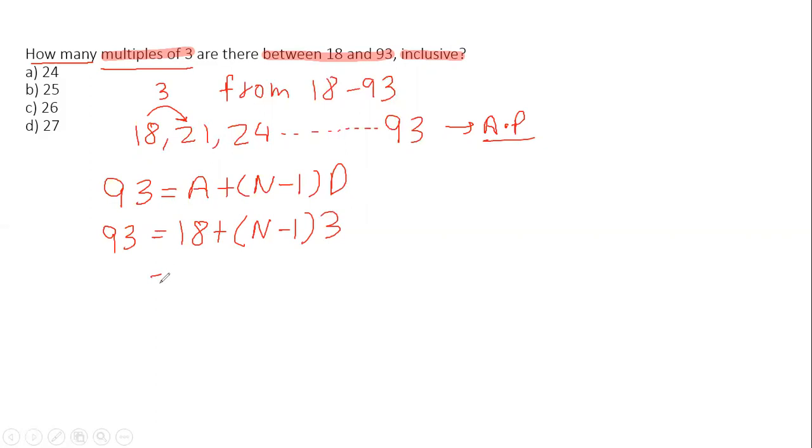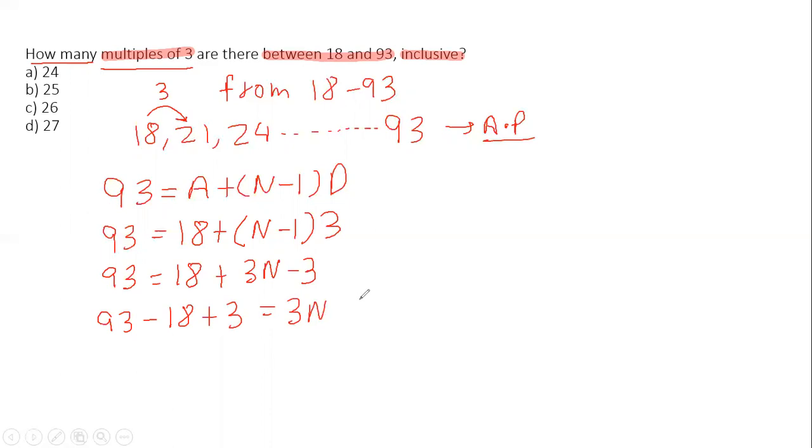Now when I solve it further, it will be 18 plus 3n minus 3 is equal to 93. Now I will isolate 3n and shift all the other numbers to this side. So 93 minus 18 plus 3 is equal to 3 times n.